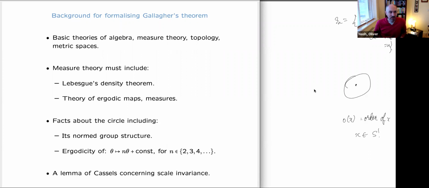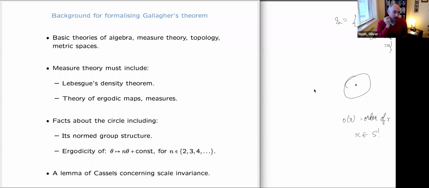And asking the most really of measure theory, so you need to have Lebesgue's density theorem. So I'll talk about that and remind you what that is, or tell you what it is, because you may not remember. You need to be able to talk about ergodic maps. That's probably the most important concept in the proof. You need an API for the circle. So I mentioned this, we happen not to have this when I started, so I built it and turned out to be useful.